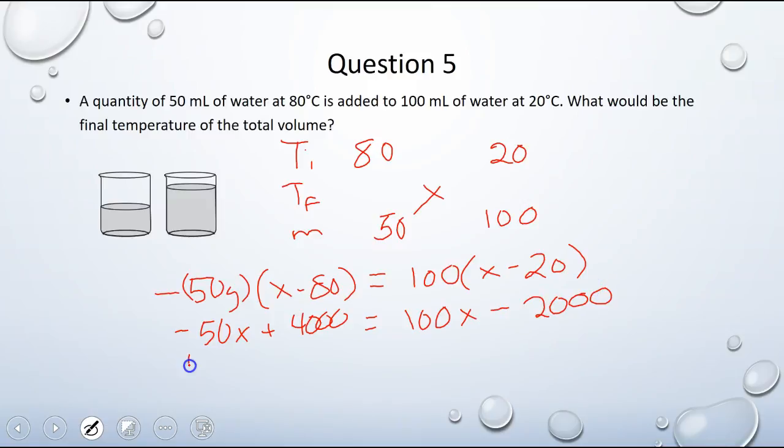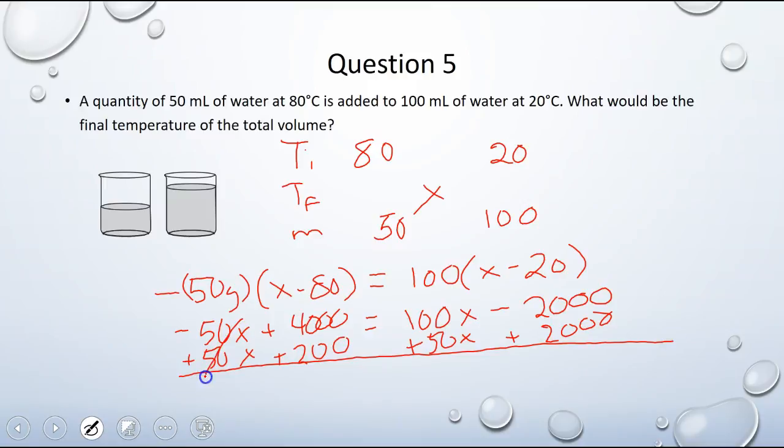So add 50X to both sides, and add 2,000 to both sides. I'm doing it at the same time. You guys are probably used to doing it separately, but I'm doing it at the same time. So we're left with 6,000 is equal to 150X.